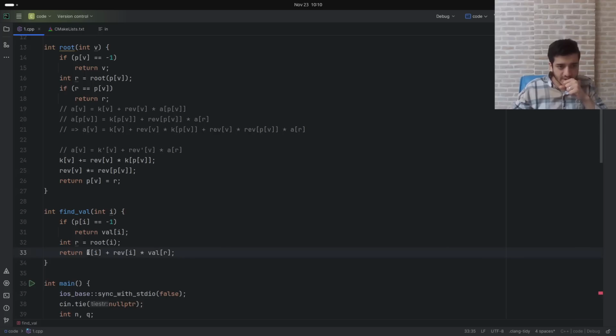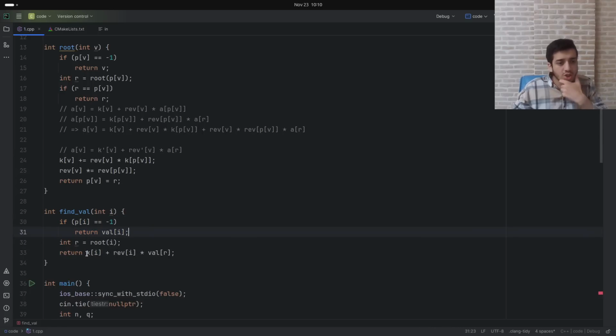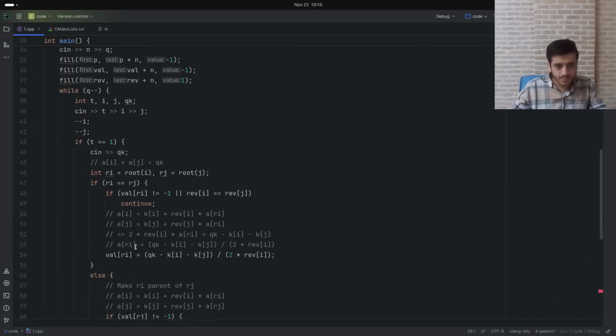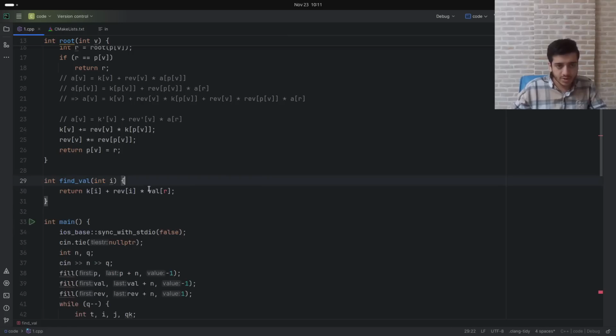Interesting fact here is in this case it's also this. So for these roots, k is always 0 and rev is always 1. So okay, that's it. So we don't need this function. Or we can simply write like this.